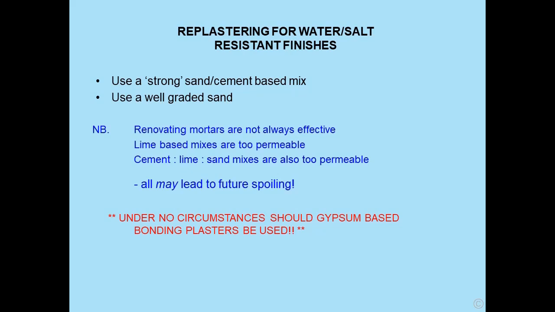Renovating mortars are, in my experience, not always effective. Lime-based mixes are too permeable, and so are cement lime sand mixes, and all those may lead to future spoiling. And under no circumstances should gypsum-based bonding plasters be used.